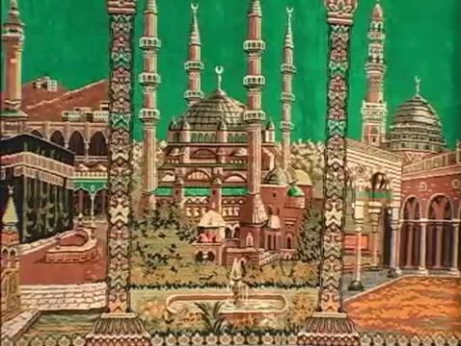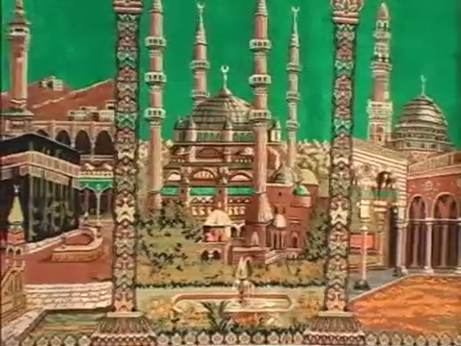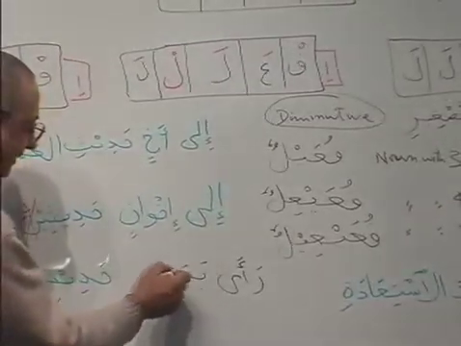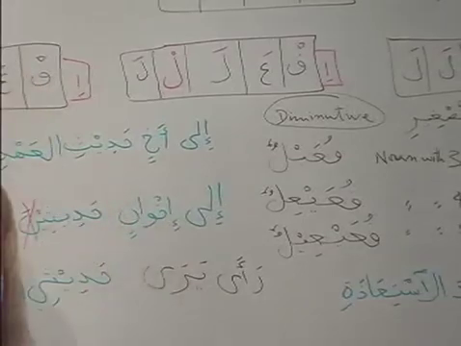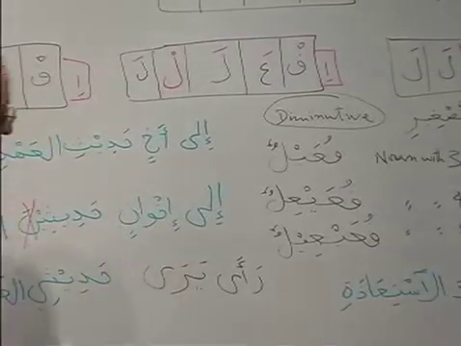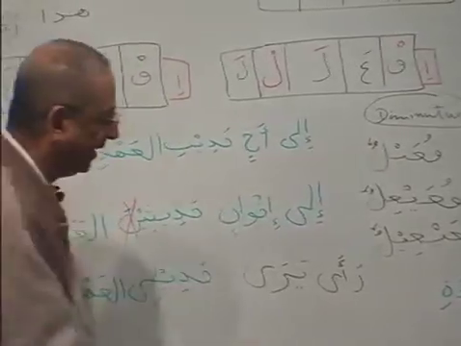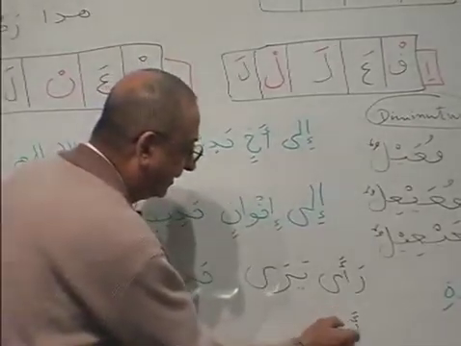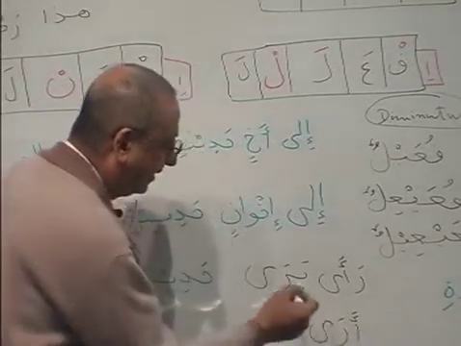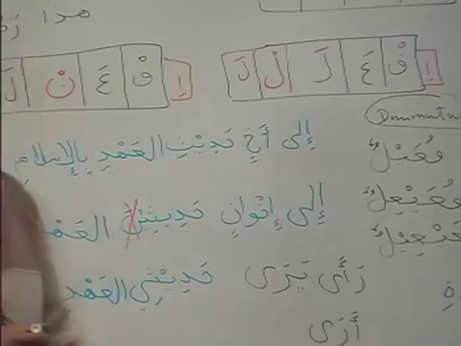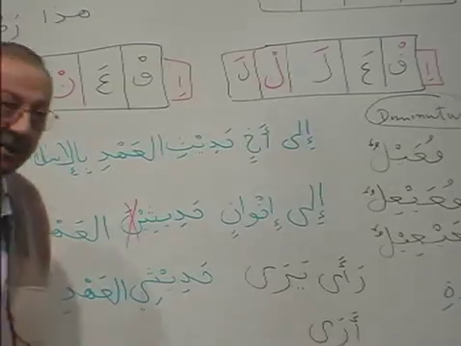Ara. What is the mudari'? You have to be very careful, brothers and sisters. Remember, ra'a is fi'l thulathi, so it is yara. Ra'a, yara. Now change this into form 4. It becomes ara. Are you with me? You have to remember these things. Ara, what will be the mudari'? Yuri.